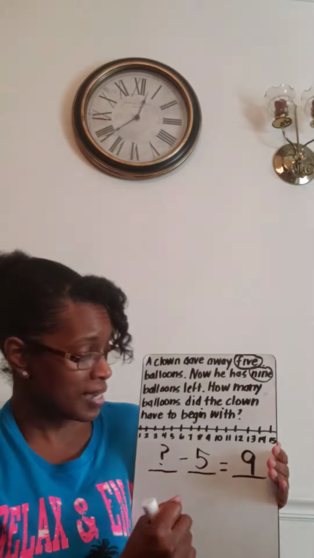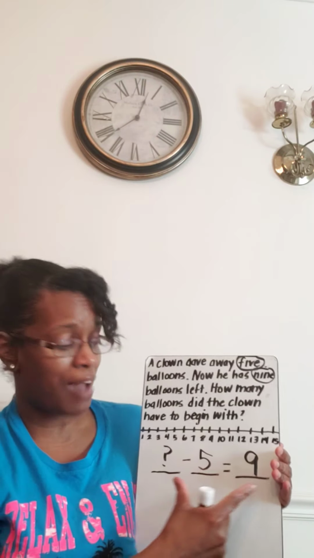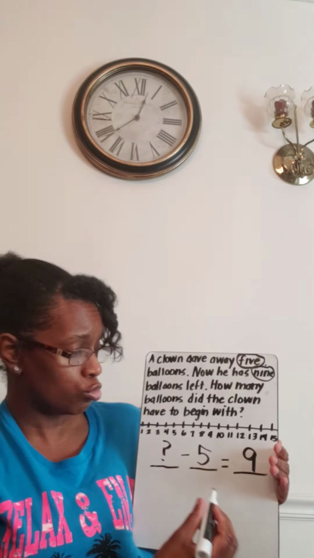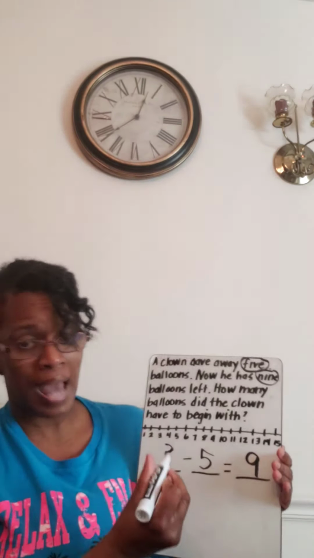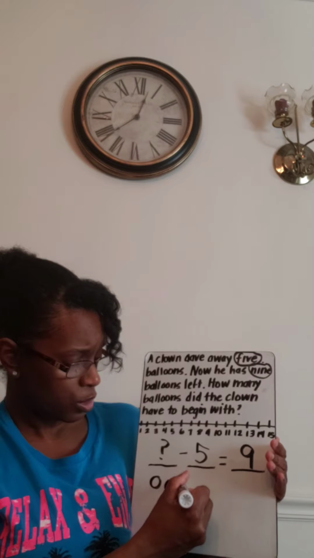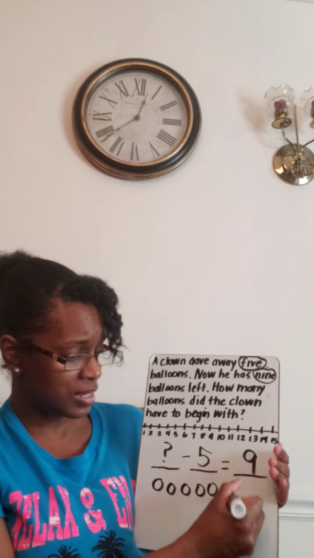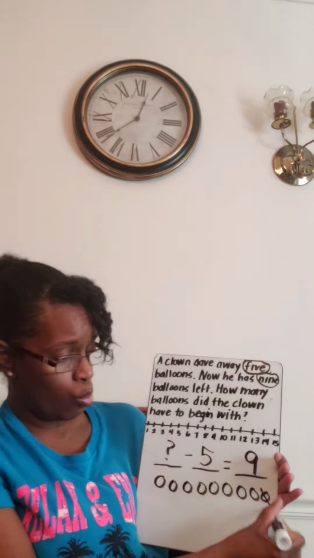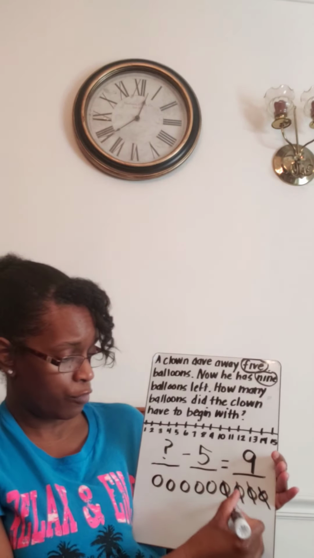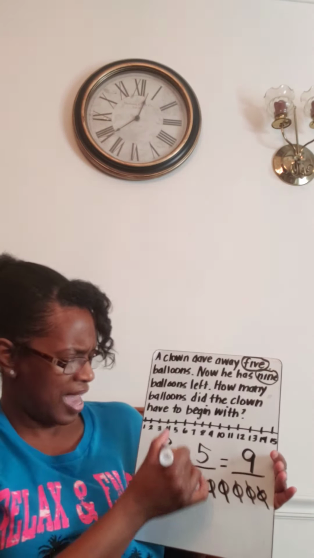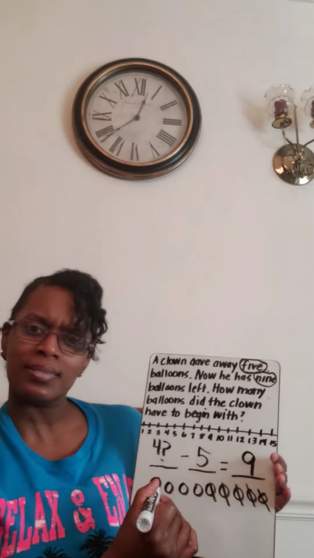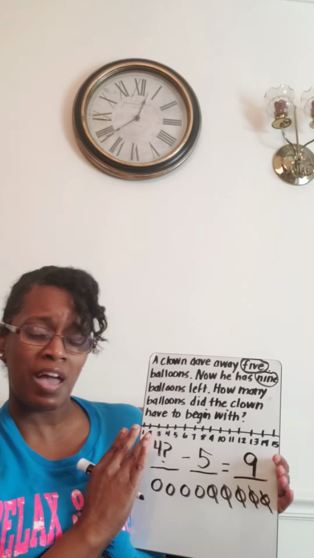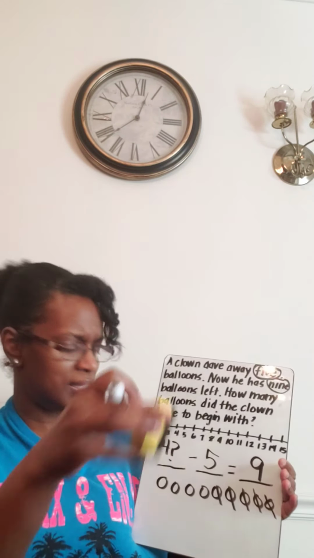In order for me to get that biggest number, I've got to put these 2 numbers together. Because if I just drew 9, 1, 2, 3, 4, 5, 6, 7, 8, 9, and take away 5, 1, 2, 3, 4, 5, I'm going to have 4. Does that make sense? Can I have 4 and take away 5 from that 4? No, it doesn't make sense.